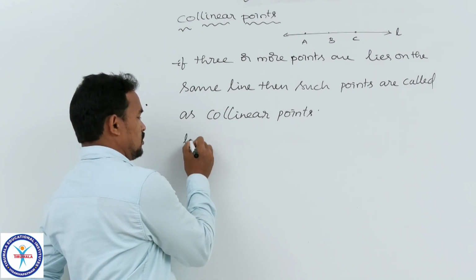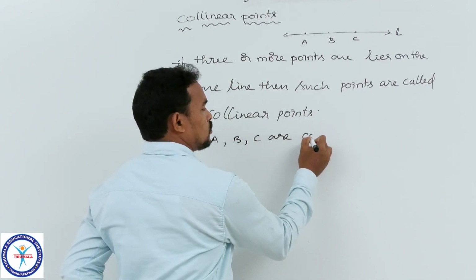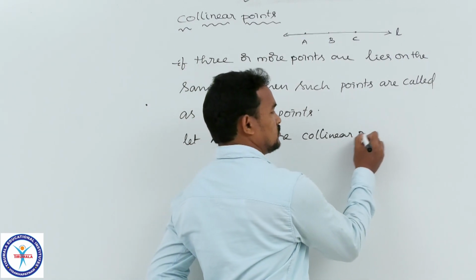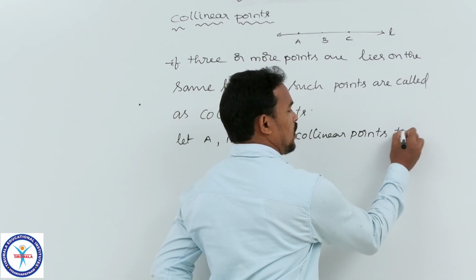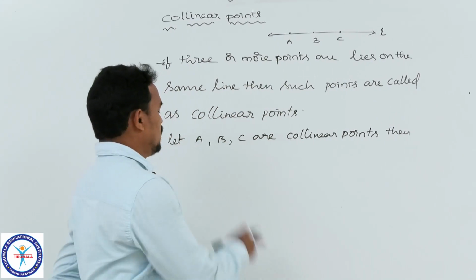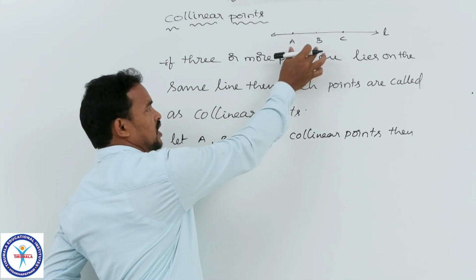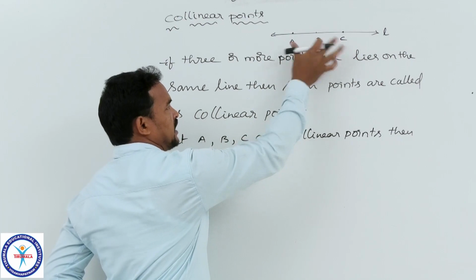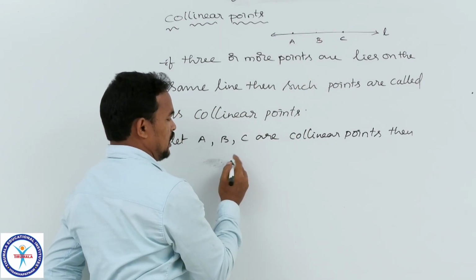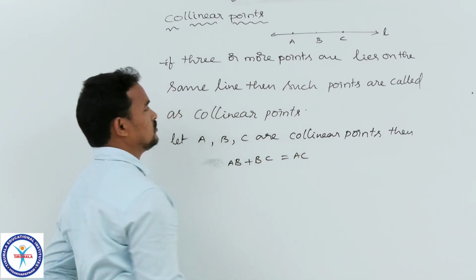Let A, B, C be collinear points. Then, when ABC are collinear points, taking the order ABC, we observe that AB plus BC is nothing but AC. So AB plus BC is equal to AC.